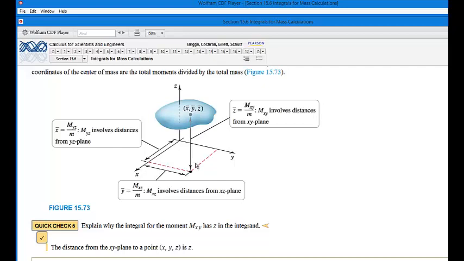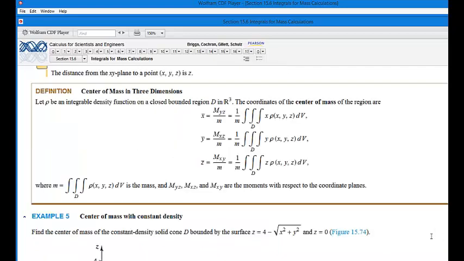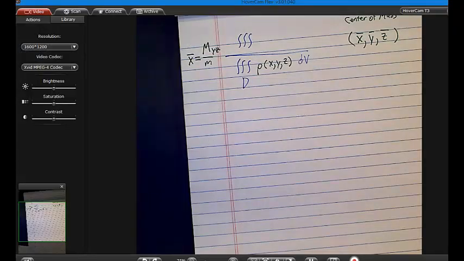So if I want the balancing point, take the moment and divide by the mass is really what we want to do. So again, your formula here, I think they give you all of them here. There they are, so the moments are there. You have to divide by the mass.